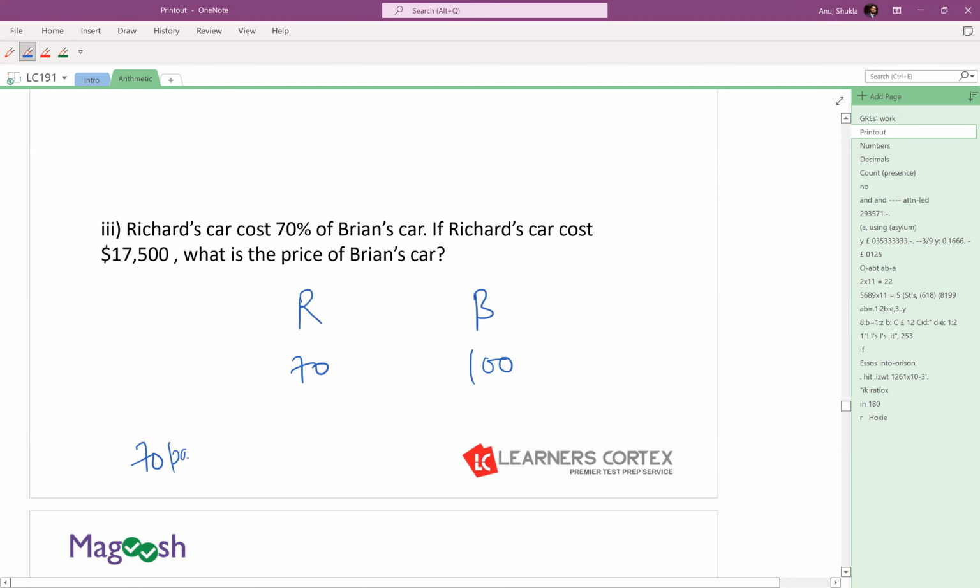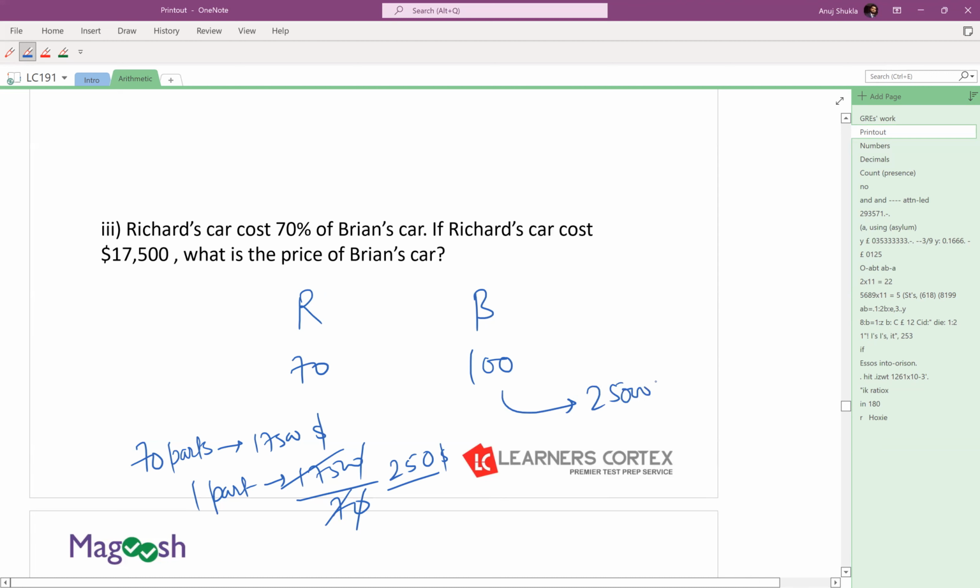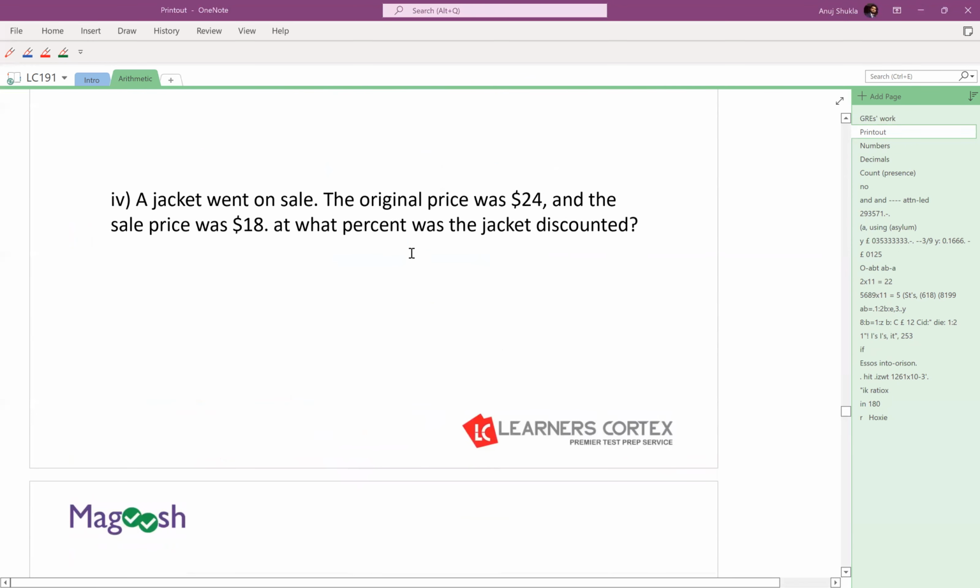So 70 parts is representing how much? $17,500. So one part value is 17,500 divided by 70, that is $250. So one part is $250. So 100 parts is how much? $25,000. Very good. Try this question then.